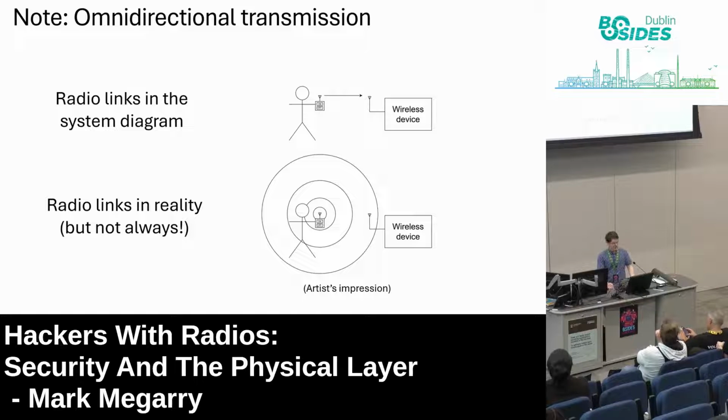But really for things that I have in my pocket right now, generally, when I press a button on my key fob, it's going to radiate in all directions. So in the first instance, an attacker might have to physically get between you and the device you're talking to. But in the more common situation where you're transmitting in all directions, they can be anywhere, even in the next room.